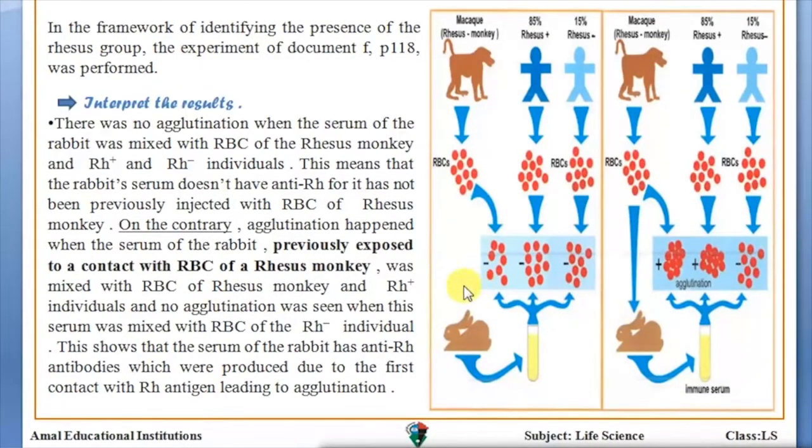What is the step? The red blood cell of the rhesus monkey were injected to the rabbit before removing the serum, while in this experiment the red blood cells were not injected to the rabbit.